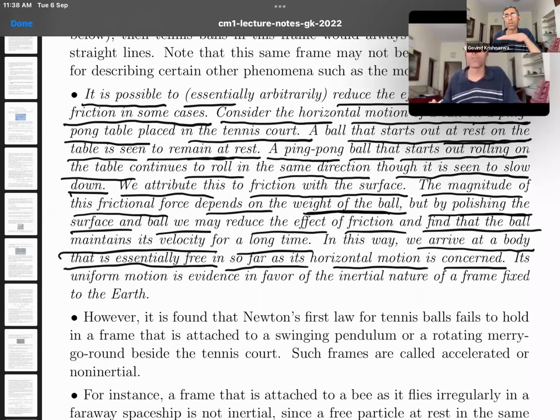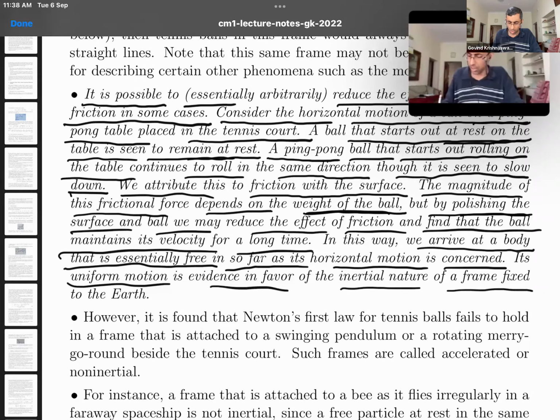So as far as the horizontal motion of a ball on a ping pong table is concerned, we are reasonably convinced that it is free, and not only that, it is observed to proceed in rectilinear fashion at constant velocity. So this uniform motion is evidence in favor of the inertial nature of the frame fixed to the Earth, at least for this limited class of motion, namely horizontal motion.